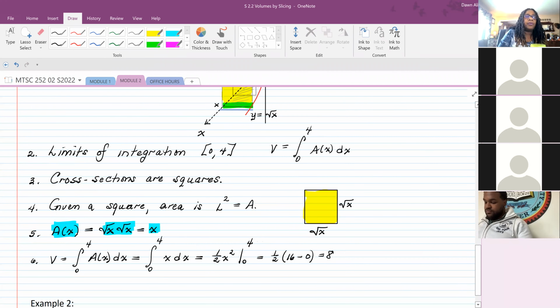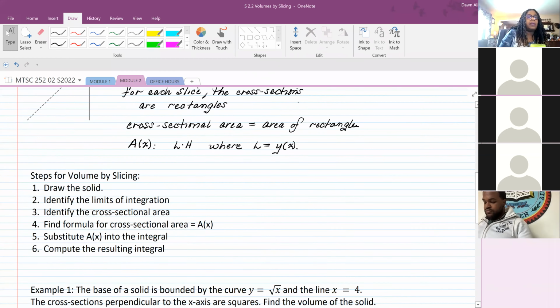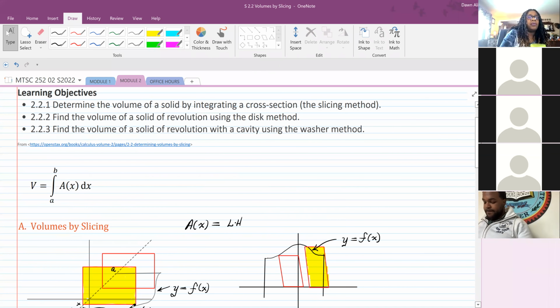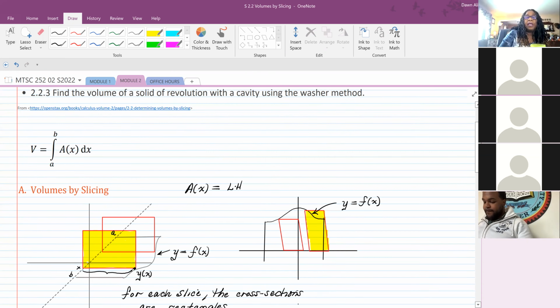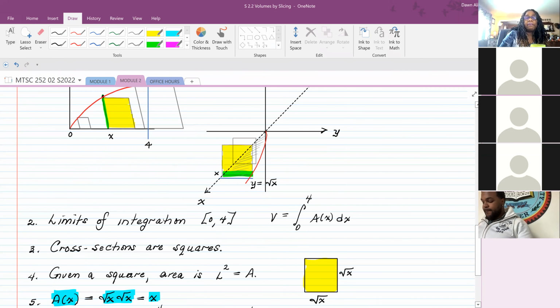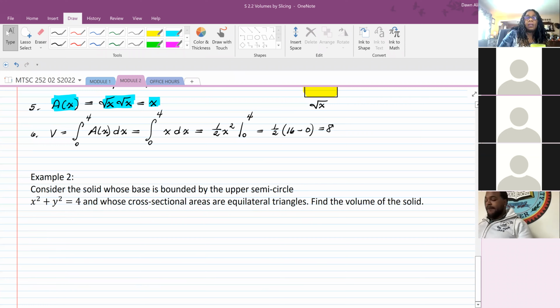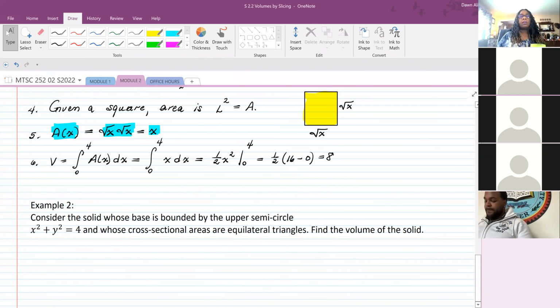The original was the volume is the integral from a to b of whatever the area is, so I had to find the area. So that would be x to the 1/2 times x to the 1/2, and then that would get x to the 1/4. No, you add the exponents, not multiply.